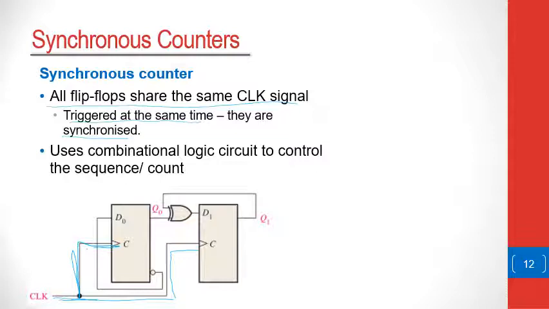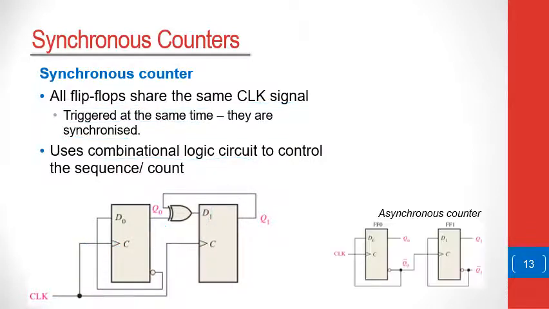And the interesting bit about the synchronous counter is that the inputs of the flip-flops are determined by a combinational logic circuit. So a combinational logic circuit will determine the inputs of a circuit. If we contrast, this is an example of an asynchronous counter.